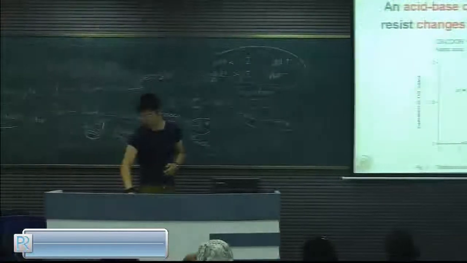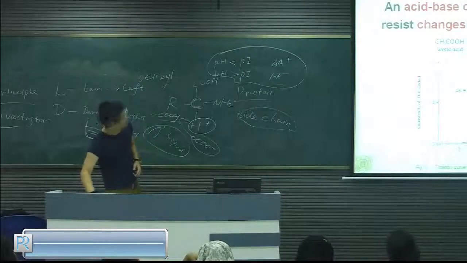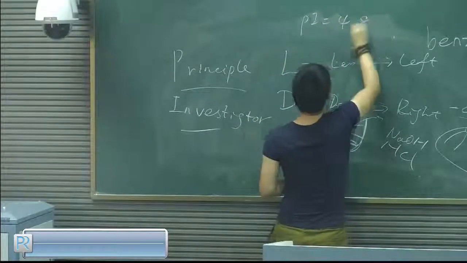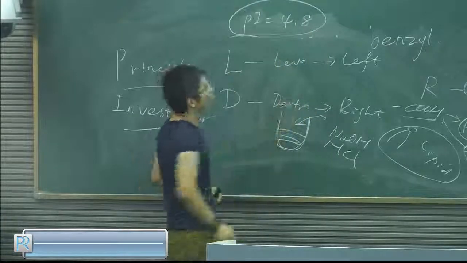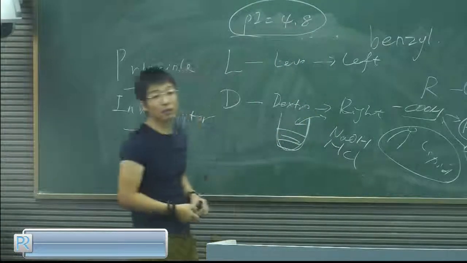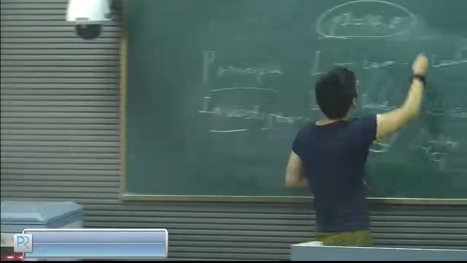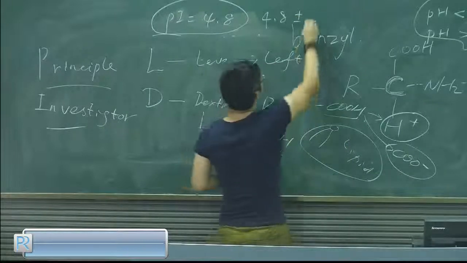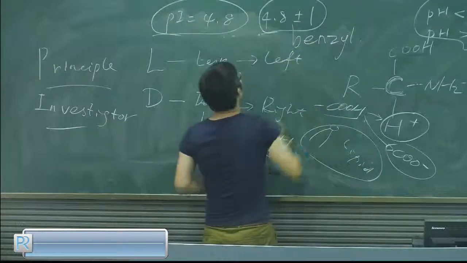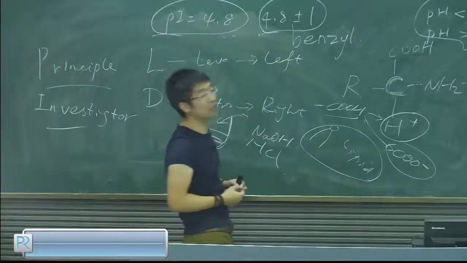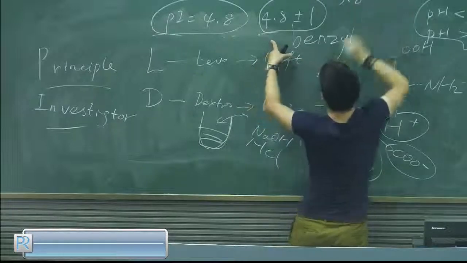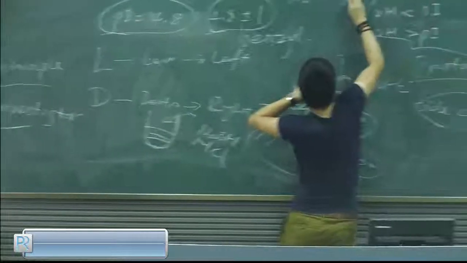You know the range? For example, this amino acid pI equals 4.8. The buffer ability for this amino acid equals what? 4.8 plus or minus 1. That means the range is from 3.8 to 5.8.